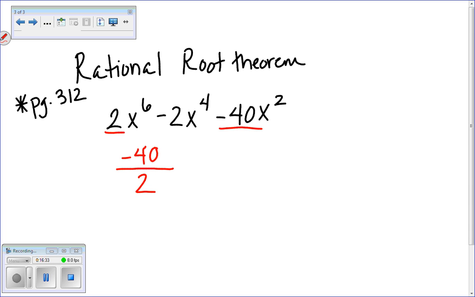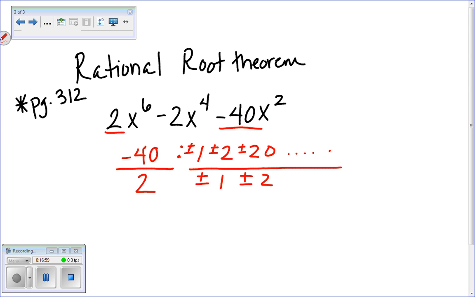And it's not just those two values, negative 40 and 2. It's the factors of negative 40. So you've got 1, 2, 20, a lot more than that, okay, divided by all of your factors. And all of these are plus or minus. Divided by all of your factors of your leading coefficient.